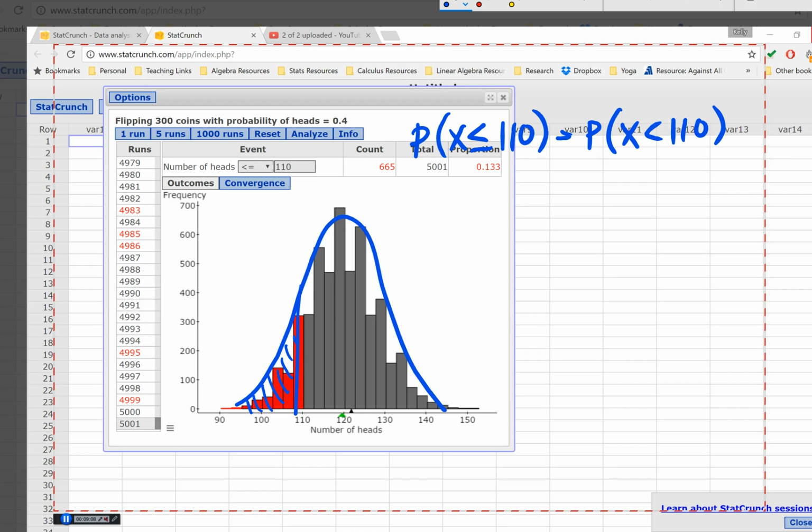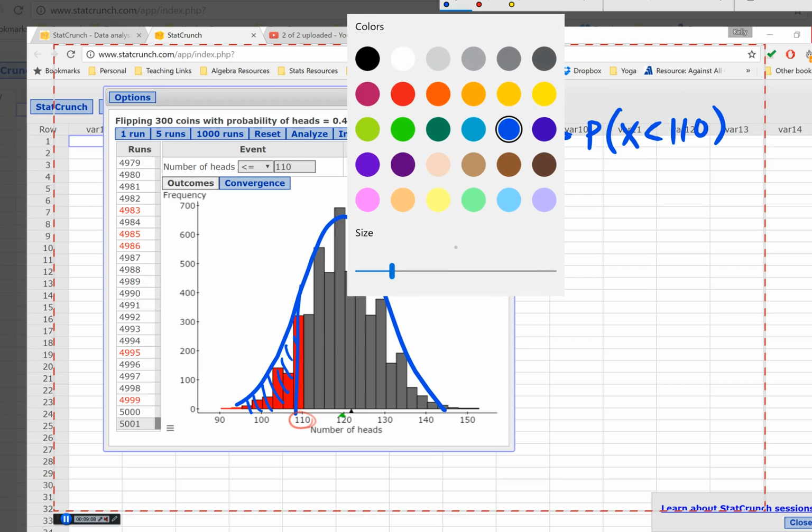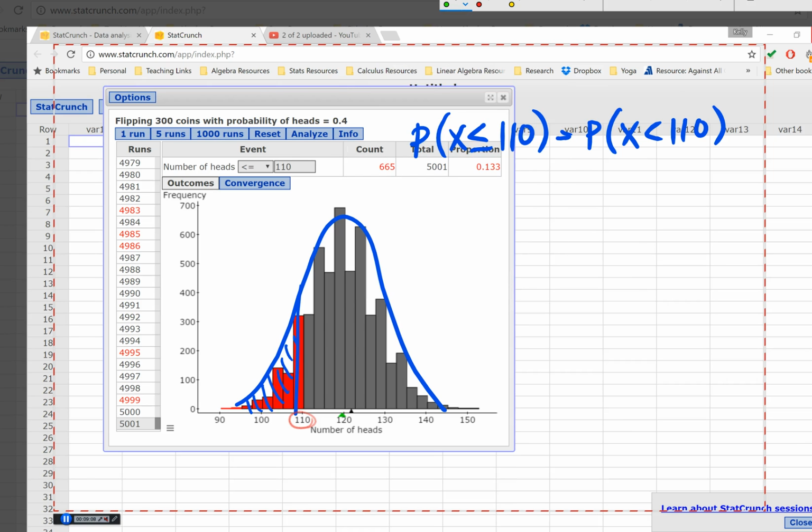So the way to fix this is called a continuity correction. And that's what one of the questions in the homework has you do. So what we want to say is, okay, I really want to include this 110. I don't want to not include it, which is what's happening now. So how do I say include 110? Well, the fix for this, I'm going to change the color so we have a different color, is to say, let me come a little bit past 110.